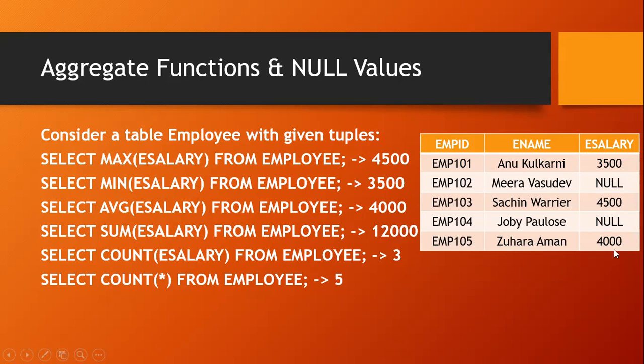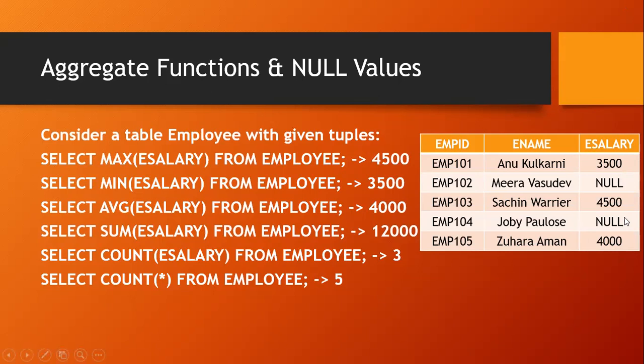What is that? 12,000, isn't it? And how many items are there? Since null values are excluded, nulls are not counted, so there are only 3 items. So 12,000 divided by 3, and you get the output as 4,000. That is the average salary of that particular table employee.